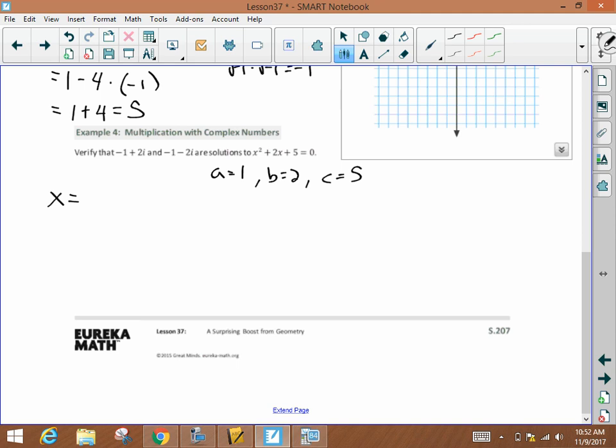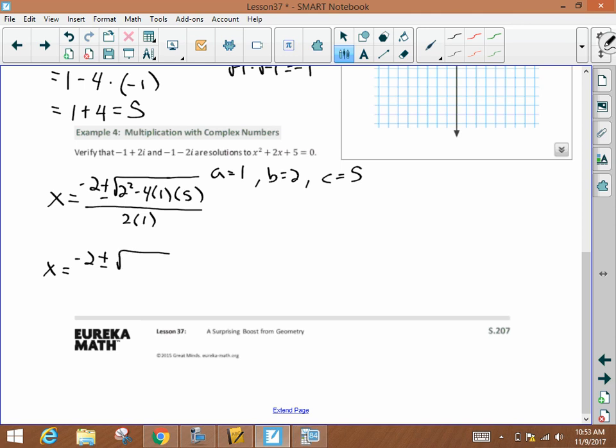So, negative B plus or minus the square root of B squared minus 4 times A times C, all divided by 2 times A. Let's rock this thing out. That should be plus or minus. I think I said it and didn't write it.